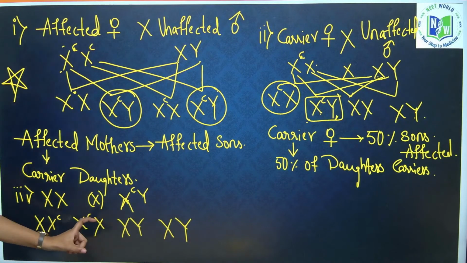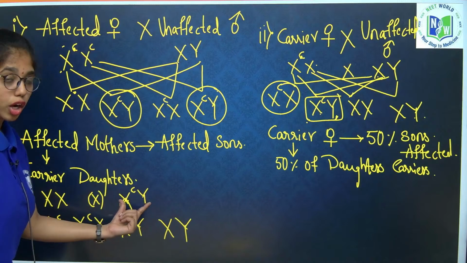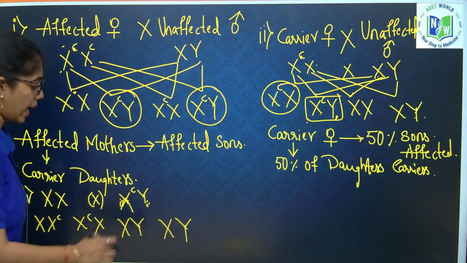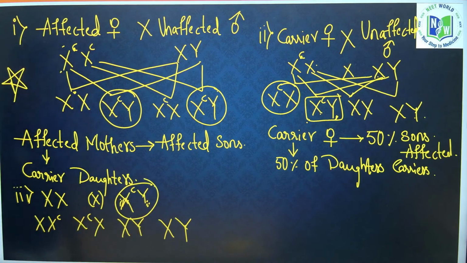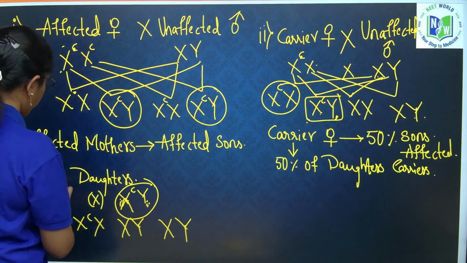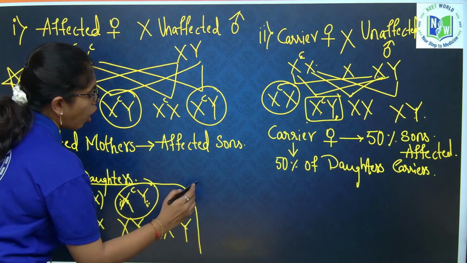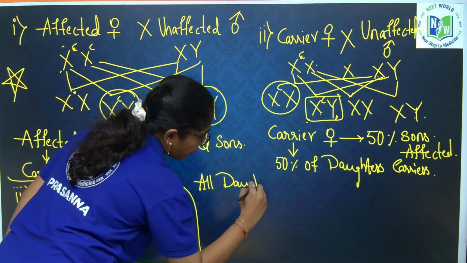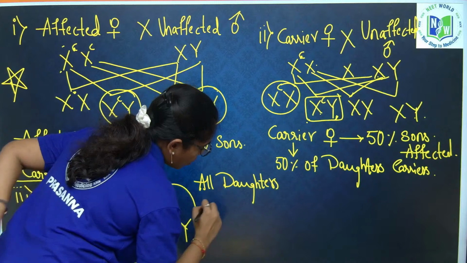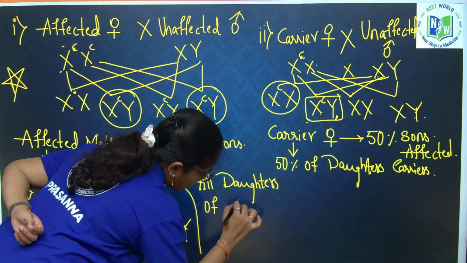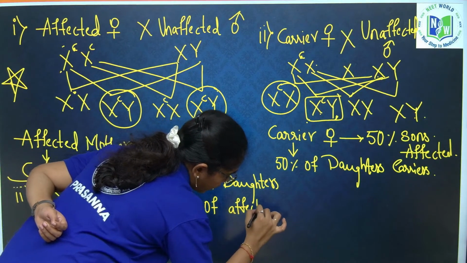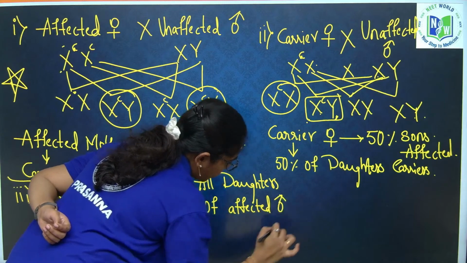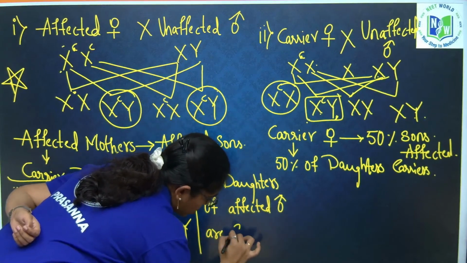Clear? So yes, all the daughters of affected father are carriers. From this cross, what can we write? All daughters of affected father are carriers.